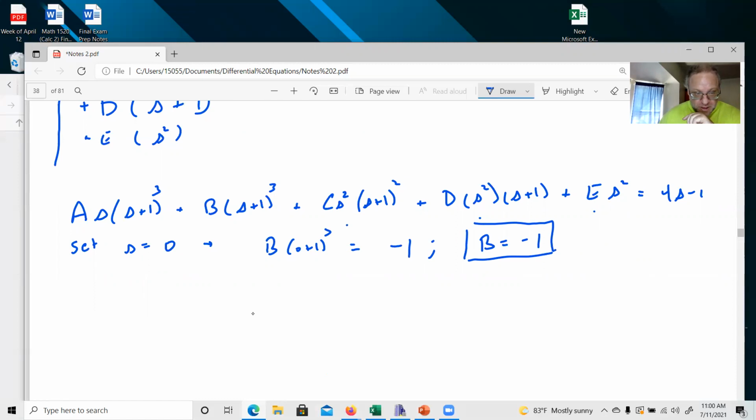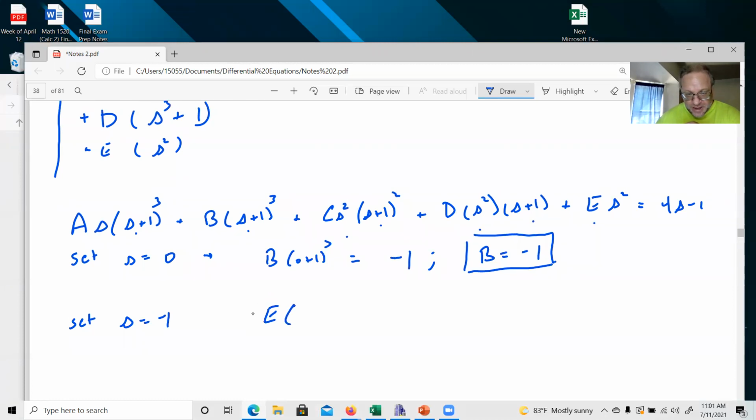Let's set s equal to negative 1. That's going to knock out a, b, c, d. We have e times negative 1 squared equal to 4 times negative 1 minus 1.